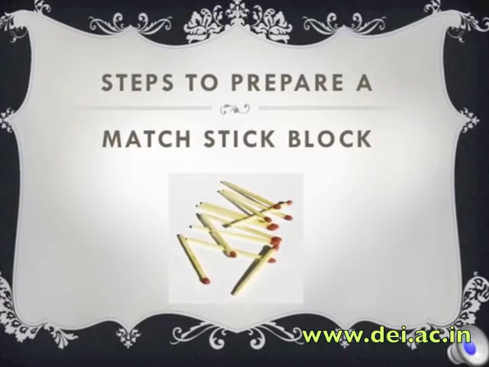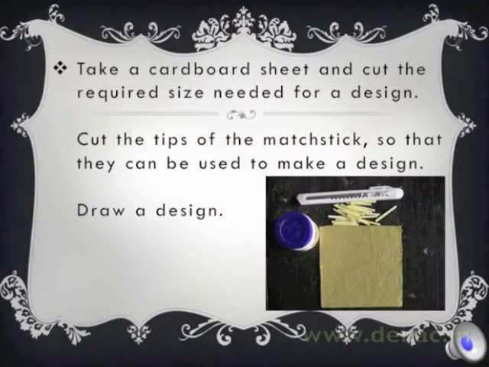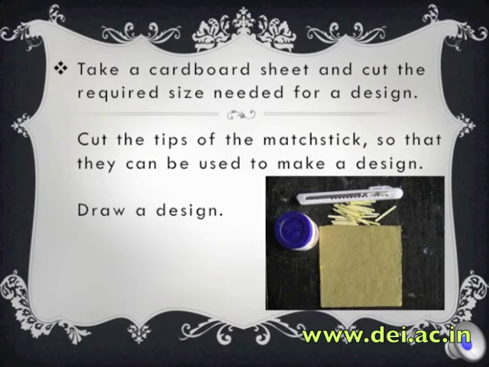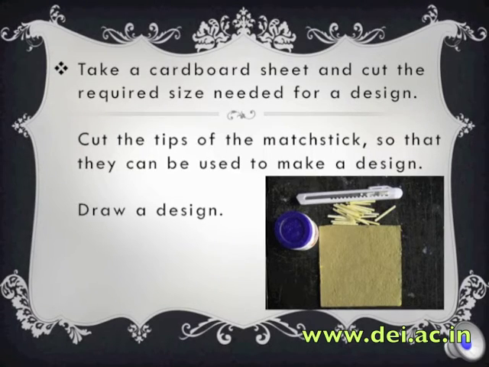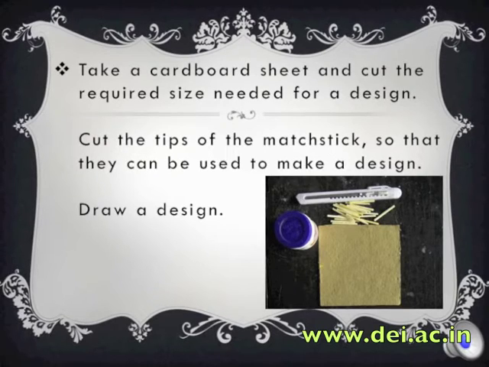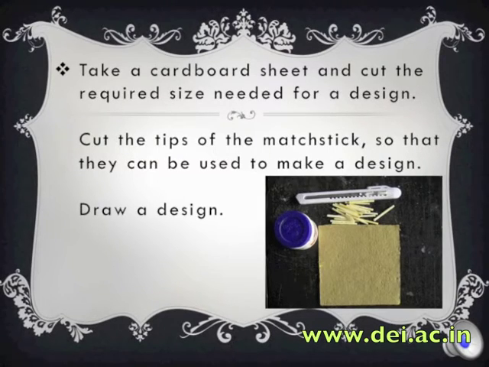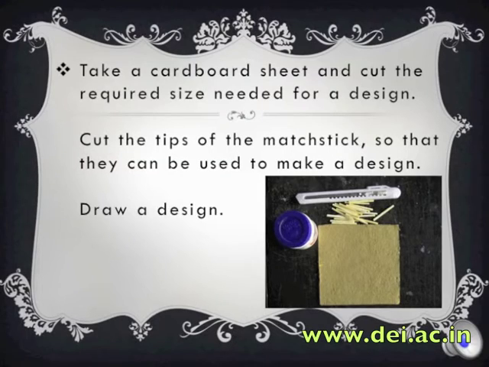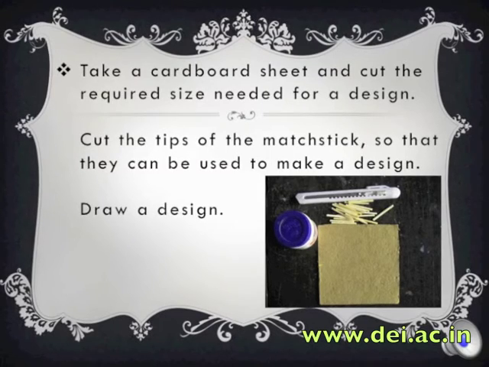Steps of printing with matchstick. The following steps are followed to prepare a matchstick block. Take a cardboard sheet and cut the required size of cardboard needed for the design.